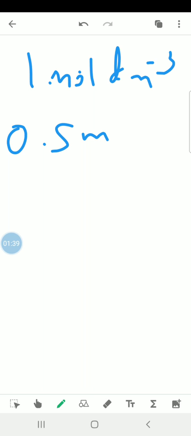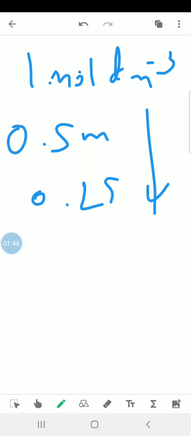Then after 10 minutes it would have reduced to 0.25. So like this there is a reduction in the concentrations. We can take these measurements using the sampling method.